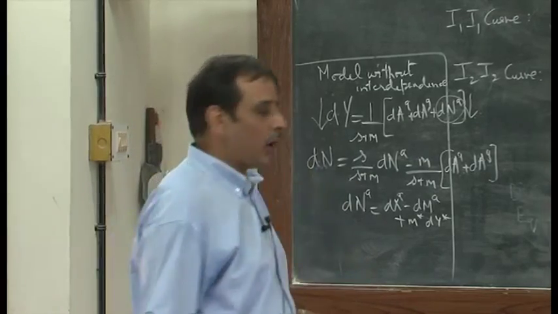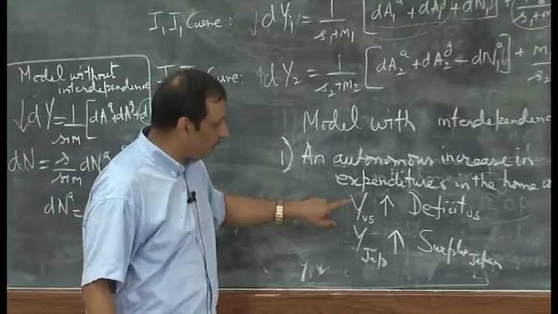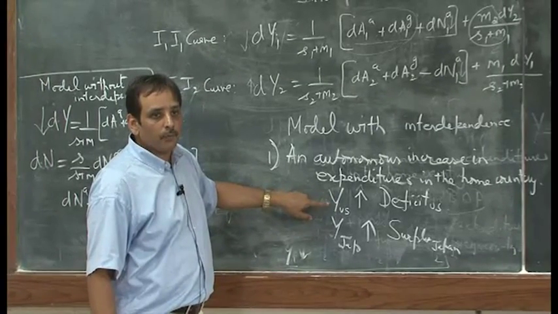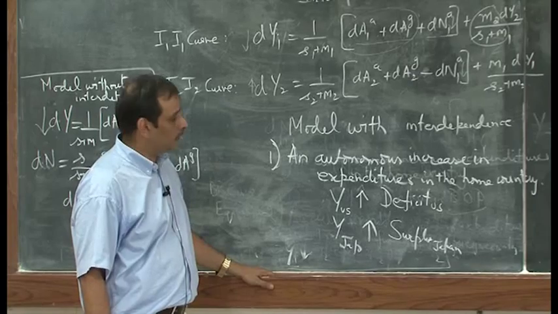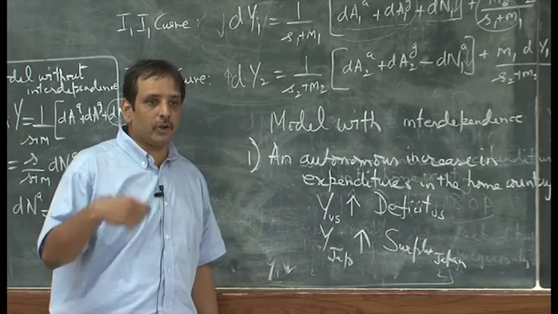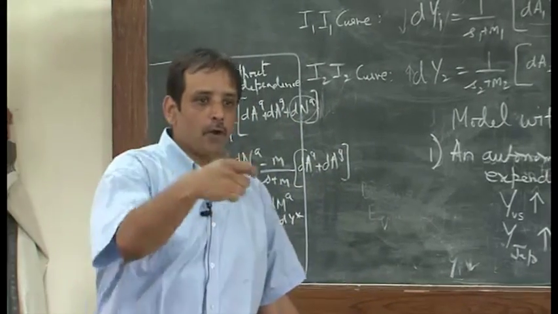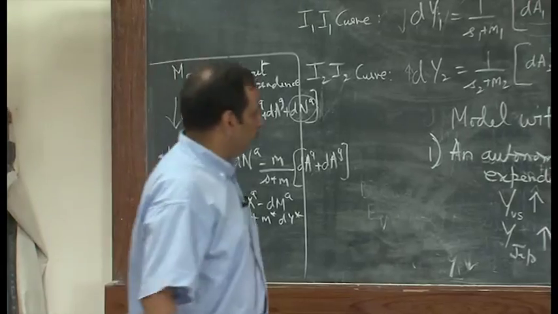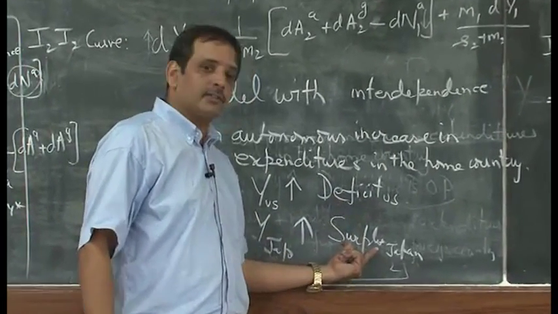When the incomes go up, you move further away from your internal balance. What do you think will happen in Japan if there is an autonomous switch in expenditure here from foreign to domestic goods? So deficit can be taken care of here, and so will be the surplus there.